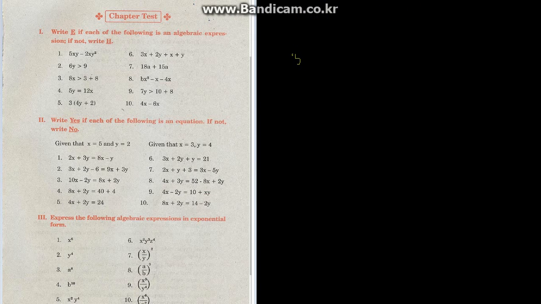it says it is 5xy minus 2xy squared. So if you look at this one, it has numbers, right? And the variables x's and the mathematical operation minus, so we write E for this question. Number 2, let's look at number 2. 6y is greater than 9.